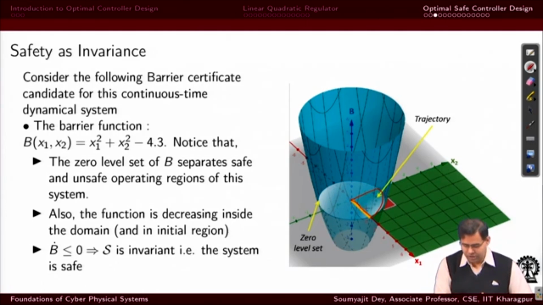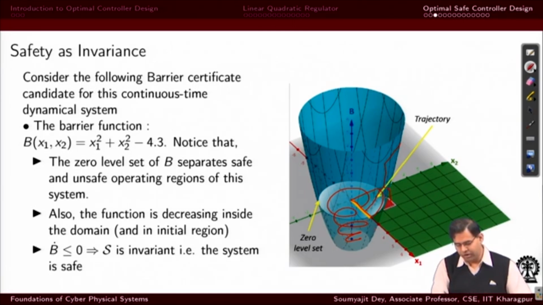Okay. That means now my system can start here and then it can go anywhere here, but it is never allowed to get beyond this 0 level set, because if I get beyond this 0 level set, I am also allowing the system to climb to these kinds of positions. If I climb to some position here, then the corresponding x1 and x2 values, if you take the projection, let us say the barrier somehow I allow it to increase.